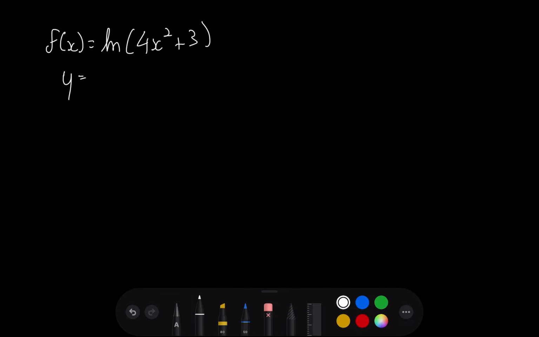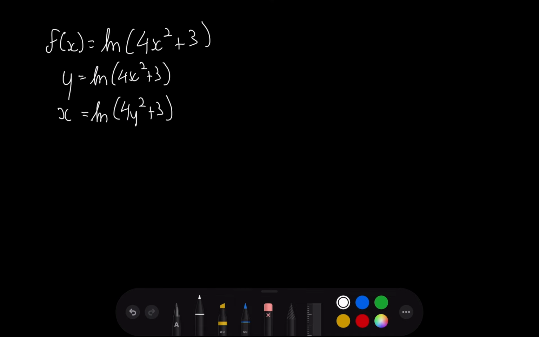So y is equal to ln of 4x squared plus 3. And now, of course, the next step is to switch the x and the y. So what this would leave us with is x is equal to ln of 4y squared plus 3.